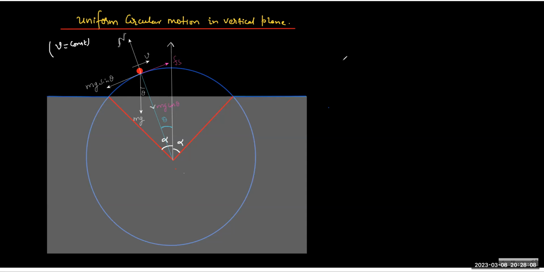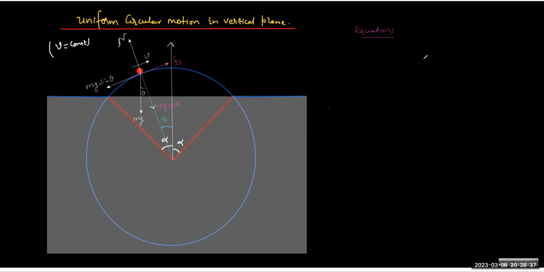So what are the equations? First of all, do you realize the plane of the circle? Okay, very good. So do we need to think about the forces normal to the plane of the circle?